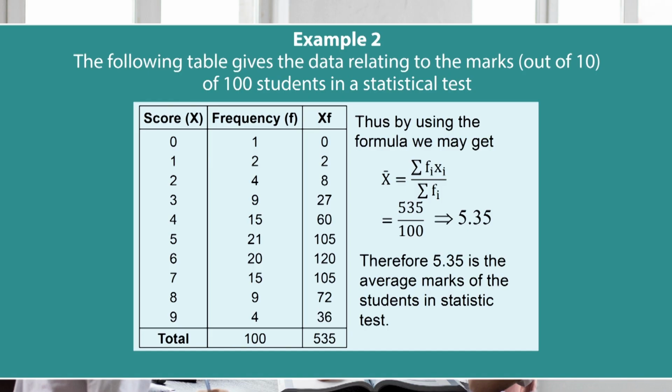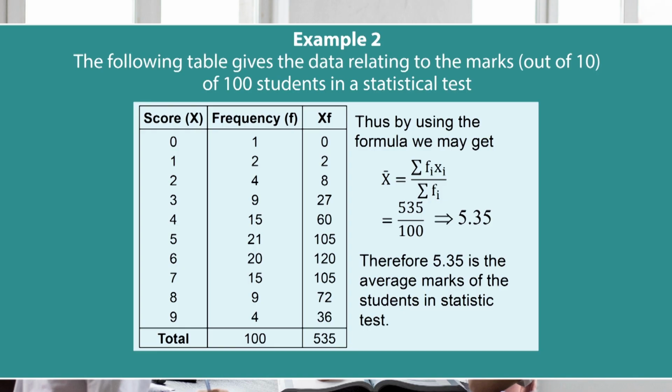The following table gives the data related to the marks, given out of 10, of 100 students in a statistical test. In the first column the scores are given, that is 0 to 9. Frequencies are given in the second column, that is the number of students who got those marks out of 10.